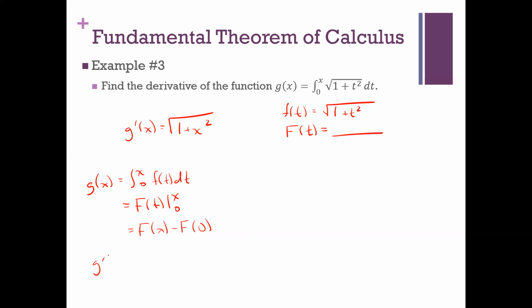From there, what's the derivative of g? What's the derivative of capital F of x? And it's just equal to lowercase f of x, right? What's the derivative of capital F of 0? Why is it 0?